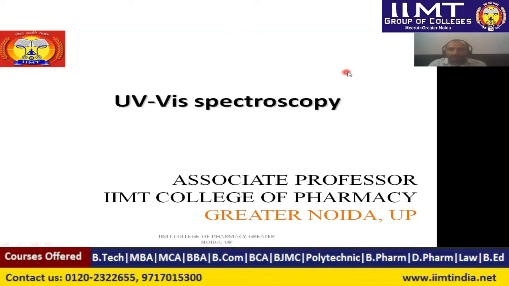Today I am here to present the UV visible spectroscopy. This is the basic type of spectroscopy in which, as the name indicates, we use either UV light or visible light based upon our requirement.